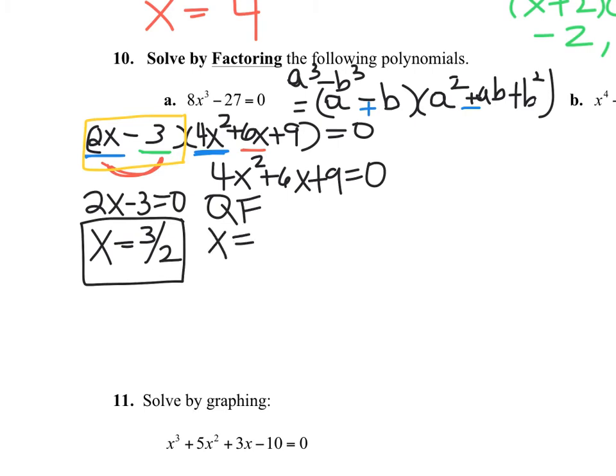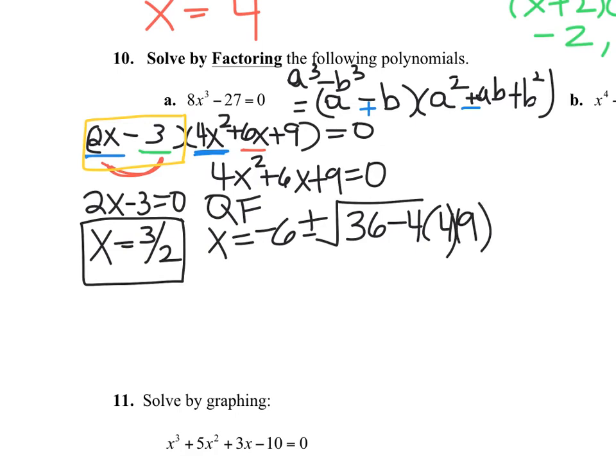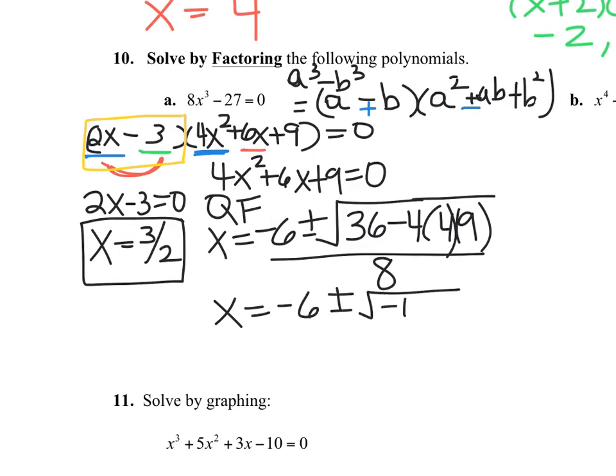So x is equal to negative b plus or minus the square root of b squared minus 4 times a times c, all over 2a. So x equals negative 6 plus or minus the square root of negative 108 over 8.